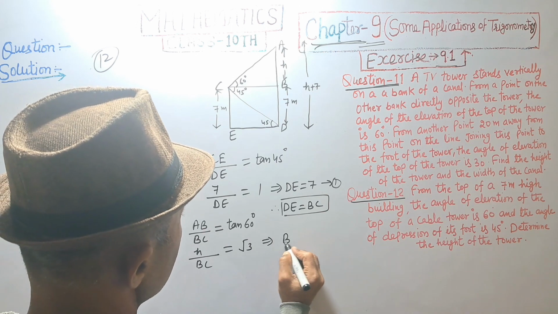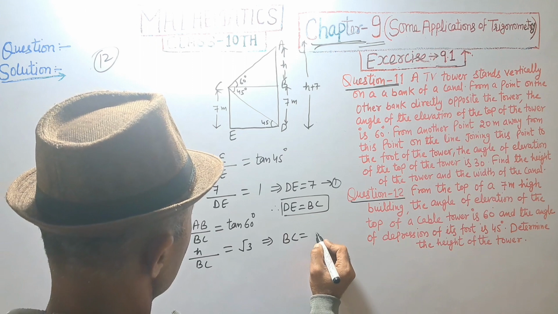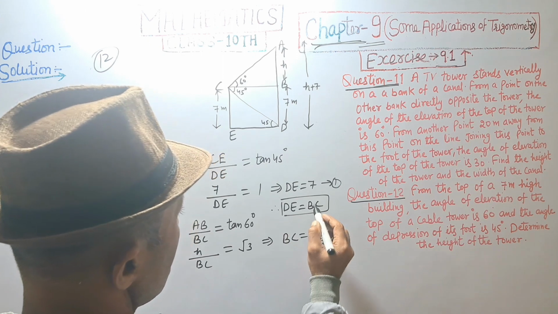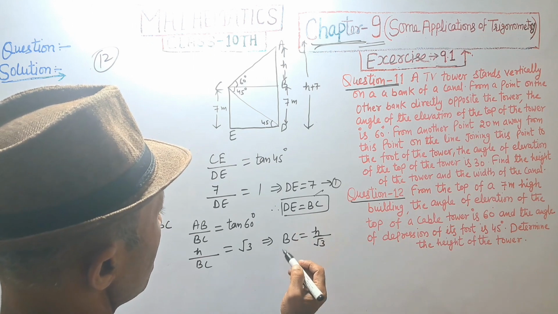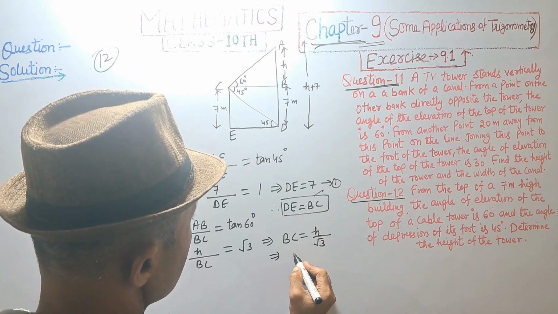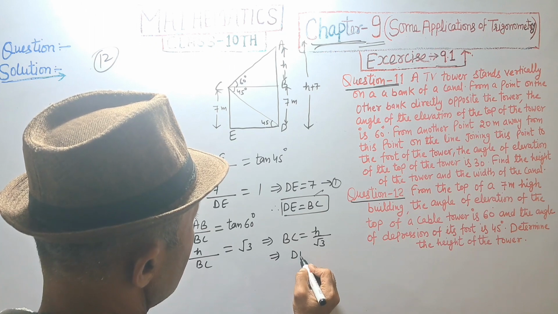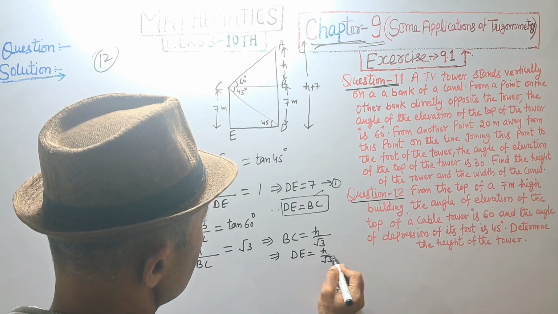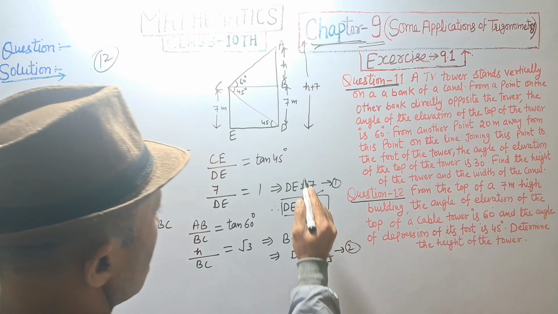This implies BC is equal to H upon root 3, and BC is equal to DE. This implies DE is equal to H upon root 3. It's equation number second.